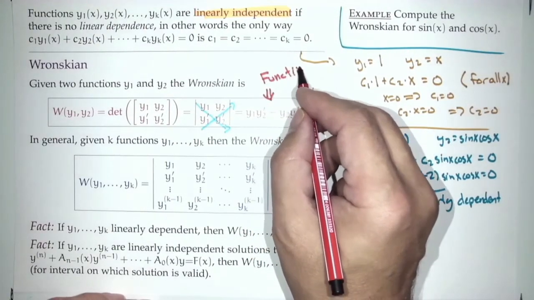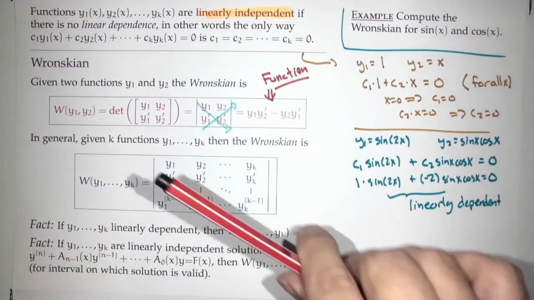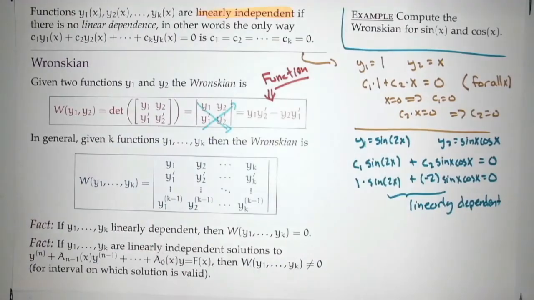And at this point, you're like, okay, great. How does that help us? Well, let's skip over the general statement and come down here. It turns out that determinants are great at detecting linear dependence. If you have things which are linearly dependent, the Wronskian will automatically be 0. There's just no chance. So if you compute your Wronskian and you get 0, you say, oh, there's some kind of linear dependence that I'm missing.